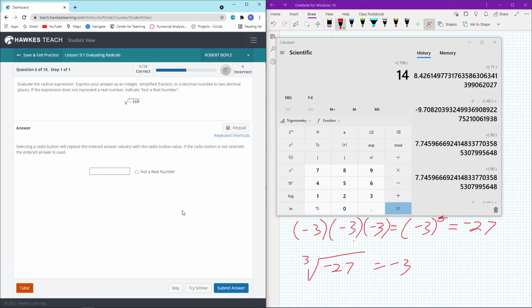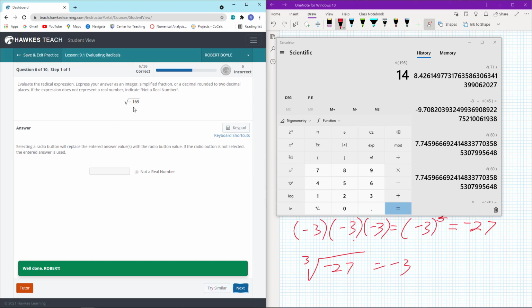Let's see what else we got. We're actually halfway through all the problems. Okay, here we have the square root of a negative number. If the radicand, or the thing inside the square root, is a negative number, then the solution is not a real number.